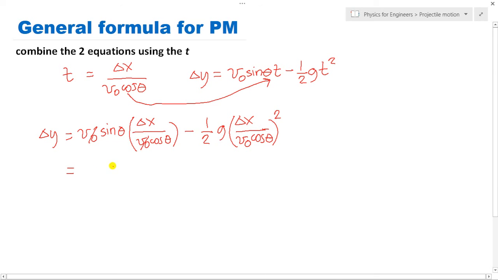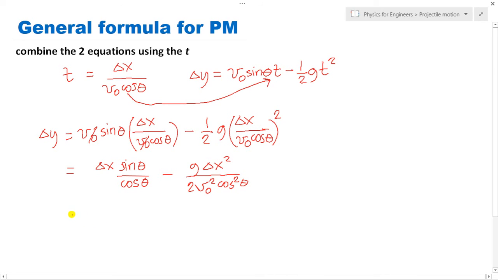Then what's left is delta x sine theta all over cosine of theta. Minus dito, we have g delta x squared, kasi diba yung variable na nasa loob ng parenthesis is squared natin, all over 2, again yung Vo mas squared din yung initial velocity, 2 Vo squared, pati din yung cosine mas squared, so cosine squared theta.